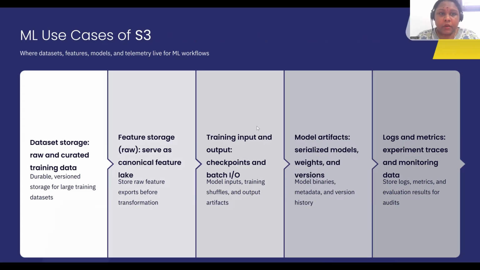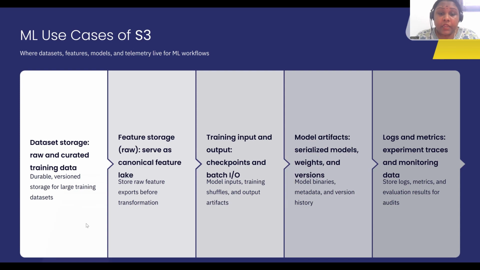Let's see machine learning use cases of S3. All the raw data, curated training data, versioned data, everything for the large training data sets are stored in S3. Feature storage: all the feature data are stored.